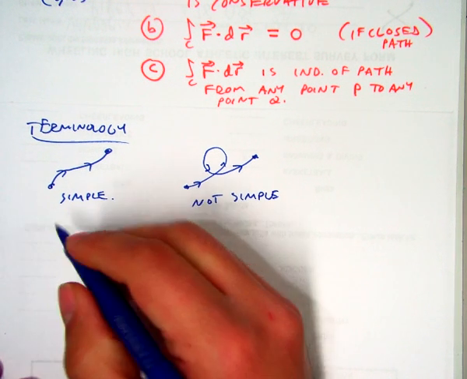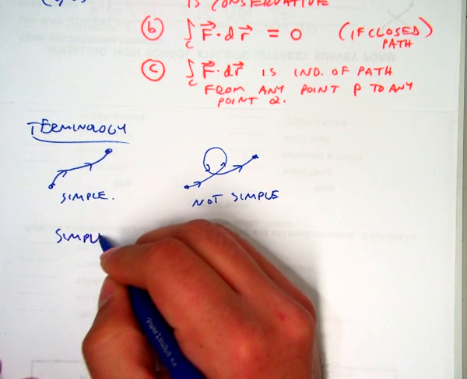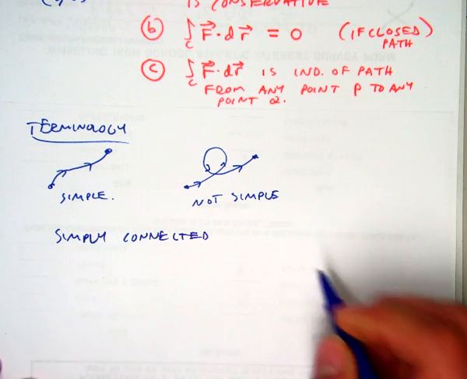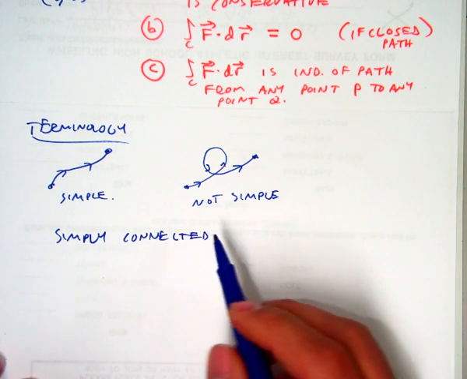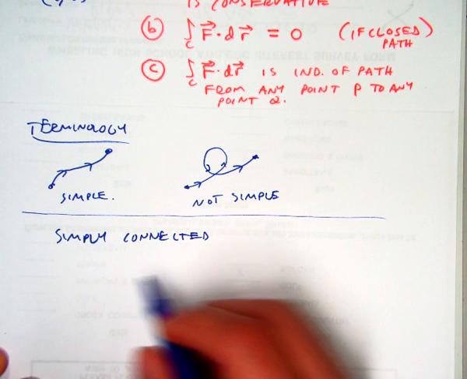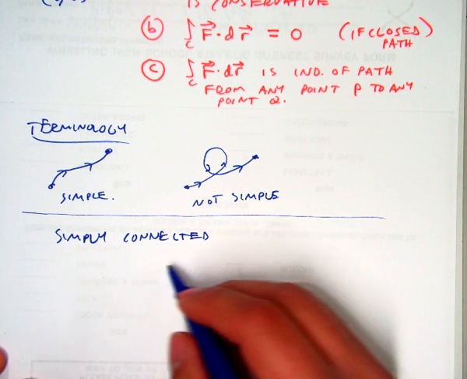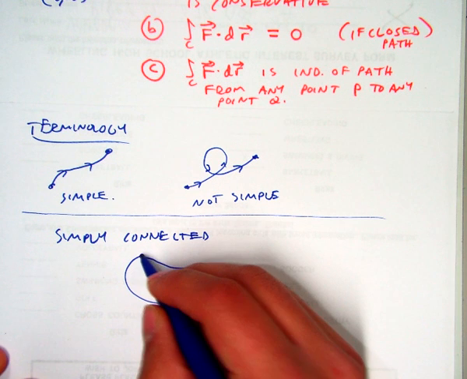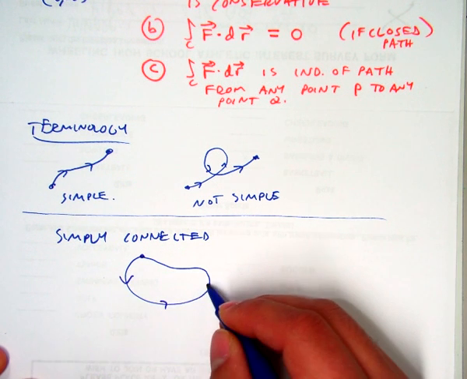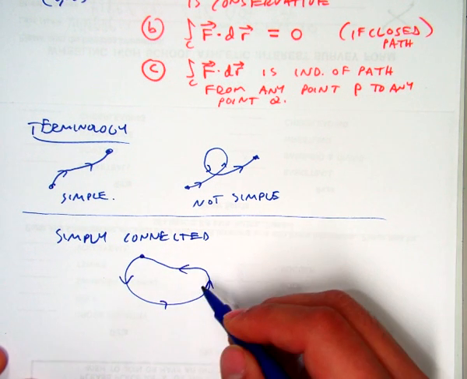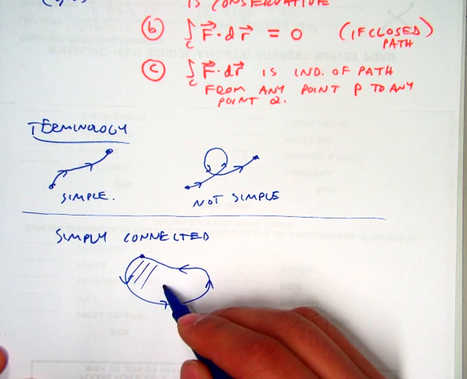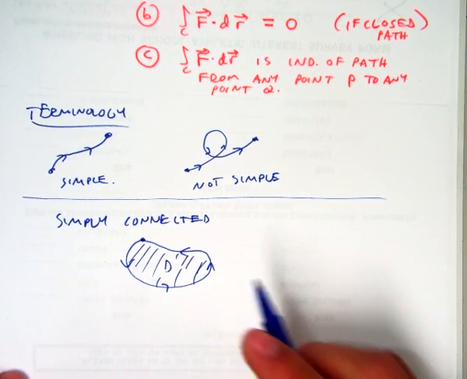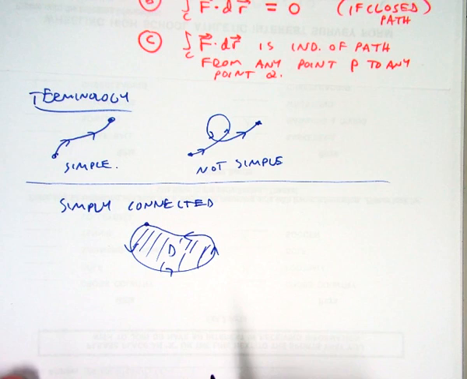Okay? Simply connected looks something like this. We have a closed path, doesn't intersect itself, and then there's this little domain or region that's within that closed path.